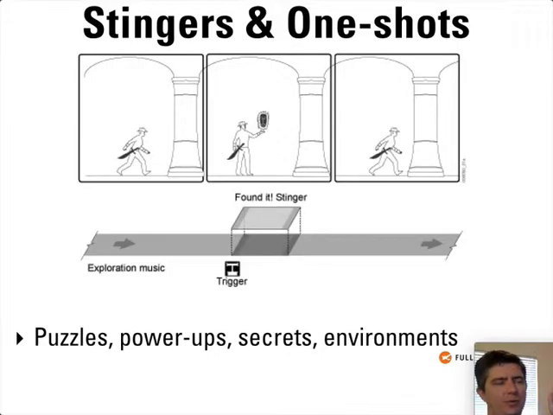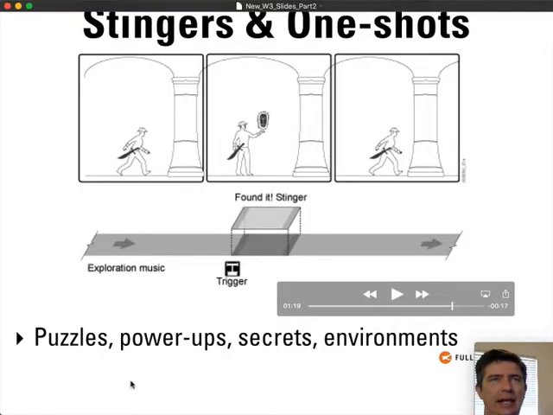Anytime you go into a new area or drop down in a certain place, they'll have this hard stinger that hits, stops the previous one and plays into the new piece of sound, so that it provides a little bit of impact, provides a little bit of sound effect, and helps to hide those transitions in the game. Puzzles, power-ups, secrets, environments, these are all common places that you'll hear stinger sounds.